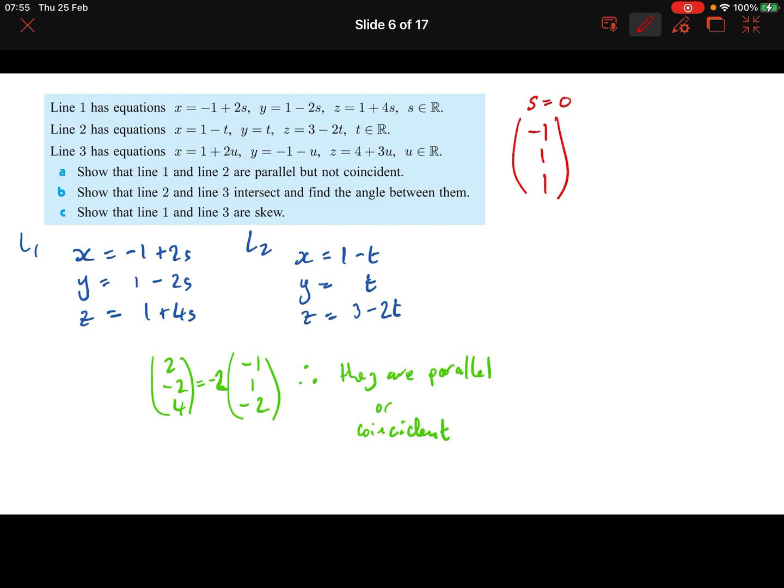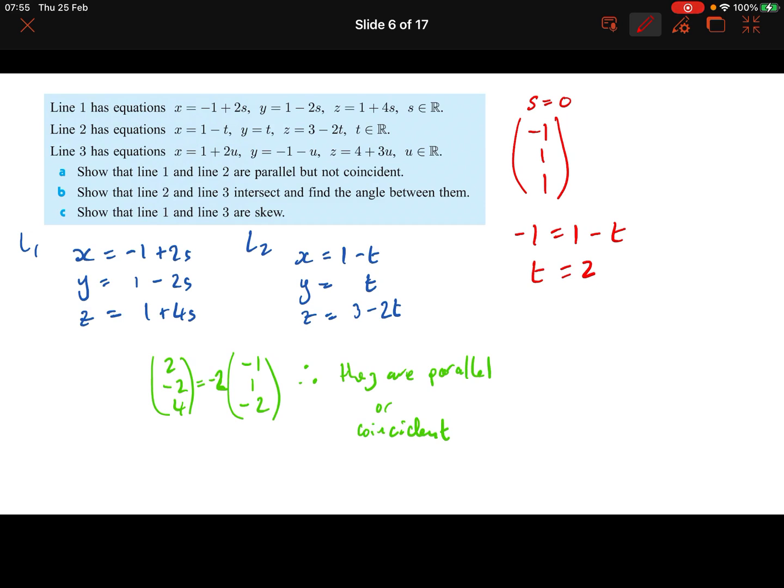So I know the point minus 1, 1, 1 lies on line 1. What I'm going to do is simply check, does that lie on line 2? So if I go to line 2, I'm saying if x is minus 1, then t must be equal to 2. Okay?